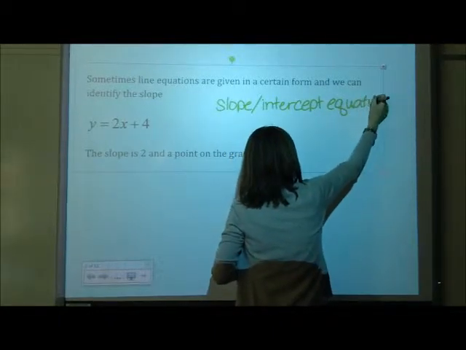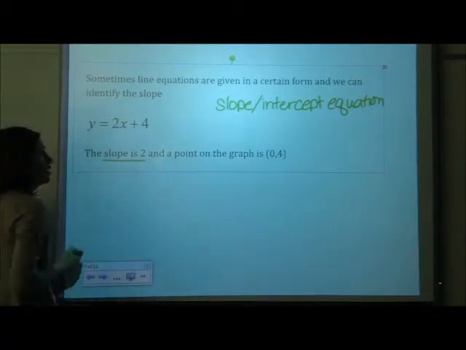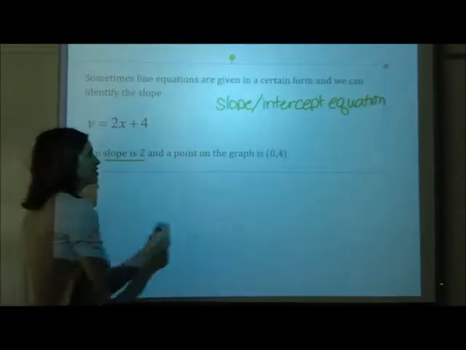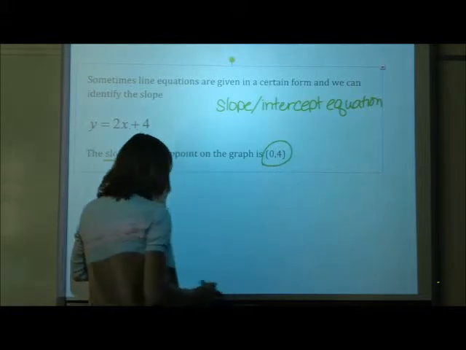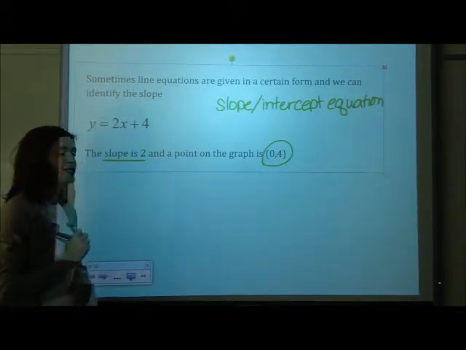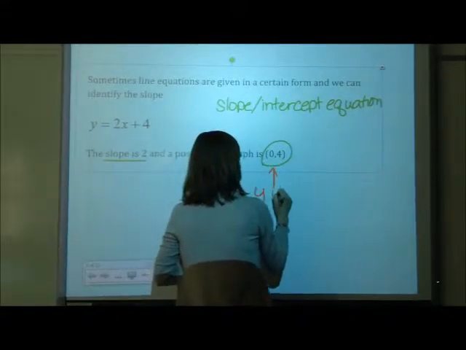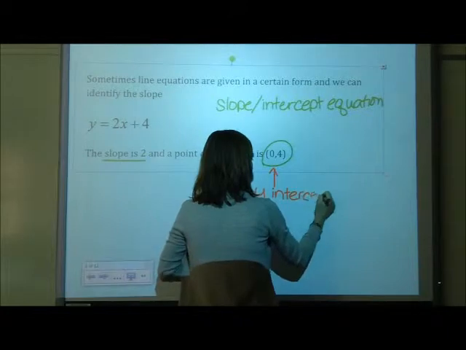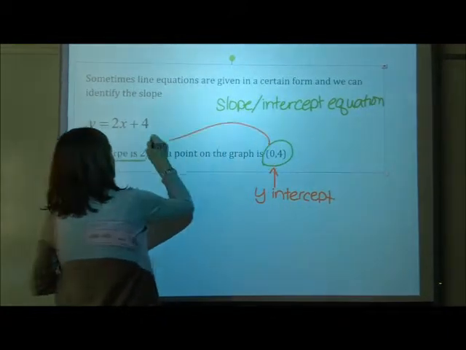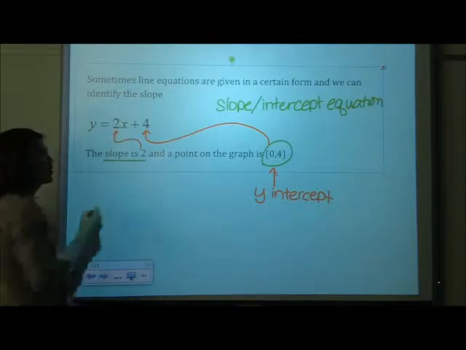And it's nice because by looking at it, I can tell you that the slope is 2 and a point on the graph is (0, 4). Now what is that point (0, 4)? Well, you have to be able to recognize that when x is 0 and y is 4, that is the y-intercept. So do you notice where I got that from the equation? Right there. Do you see where I got the slope of 2? I got it right there.